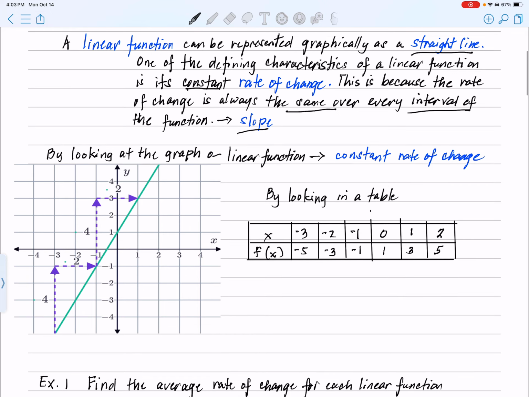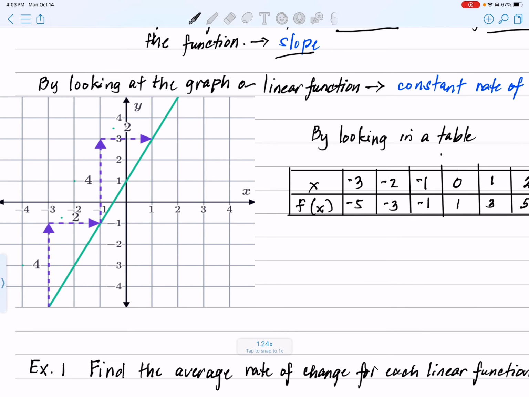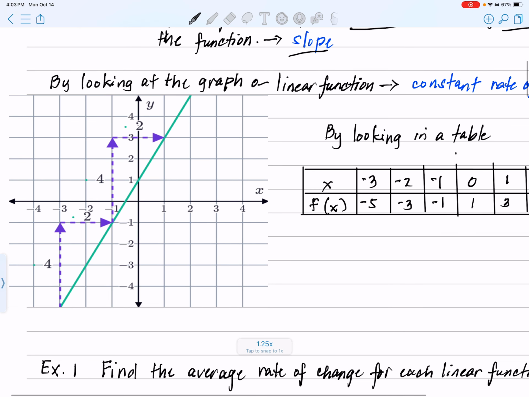Looking at this graph right here on the left side, I can make this a little bit bigger. We know that the slope, when we look at the graph, is rise over run. In this case, the rise is 4 and the run is 2.